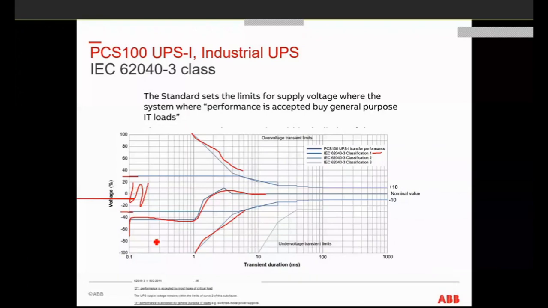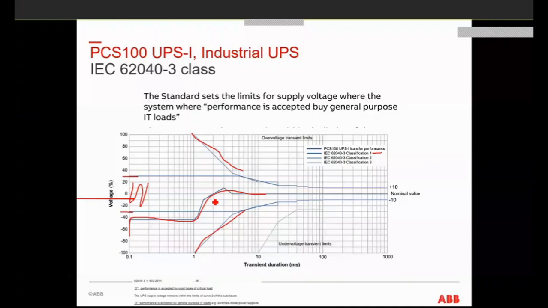And also just to give you an idea of the PCS response time, if you look at the graph, it's less than 1/4 of a cycle that it is corrected. And then the moment the voltage comes back to normal, you have this correction time. It's very fast.